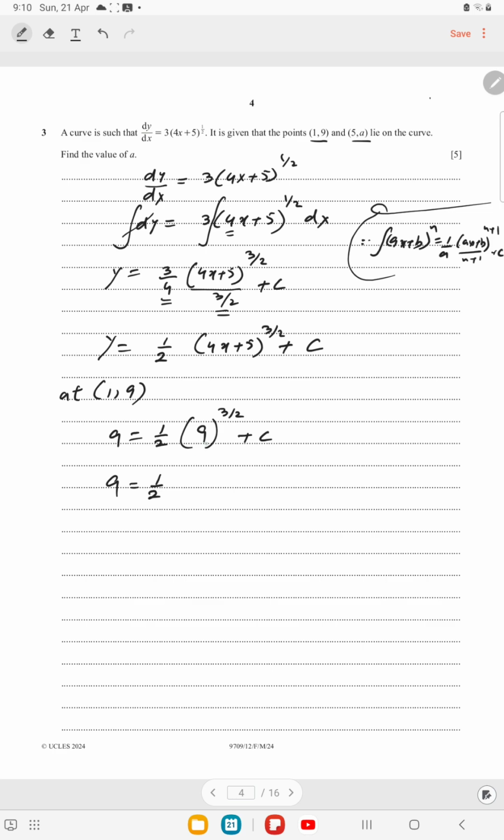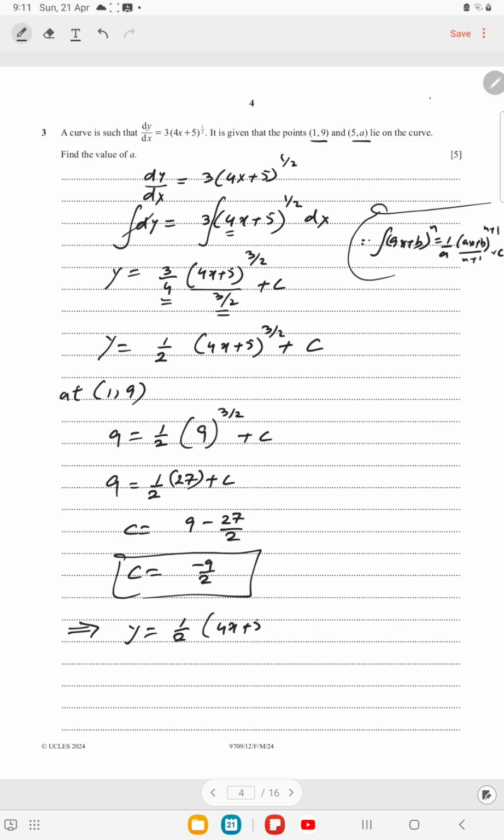It will be 9 cubed root, 3 cubed is 27, plus c, so 9 is 27 by 2 plus c. C will be 9 minus 27 by 2, that is c is 18 minus 27 by 2, which is minus 9 by 2, right? So this is the value of c. Now the curve becomes y equals 1 by 2 times 4x plus 5 power 3 by 2 minus 9 by 2.